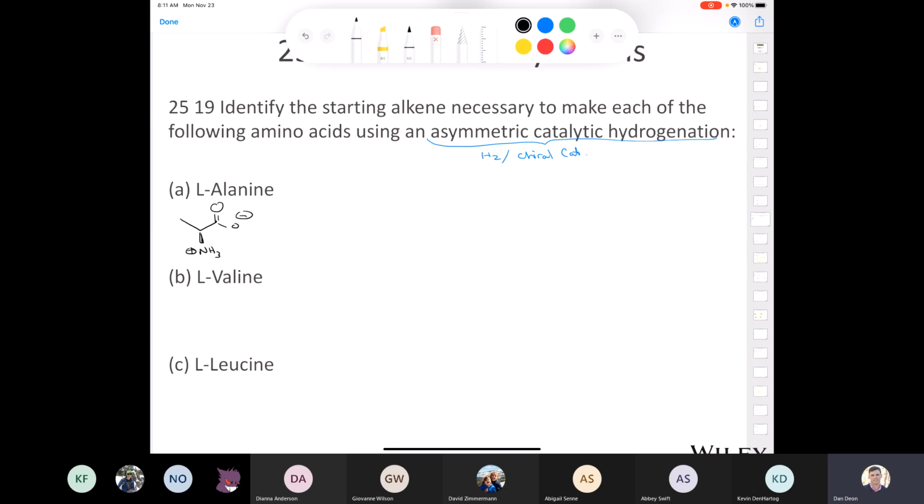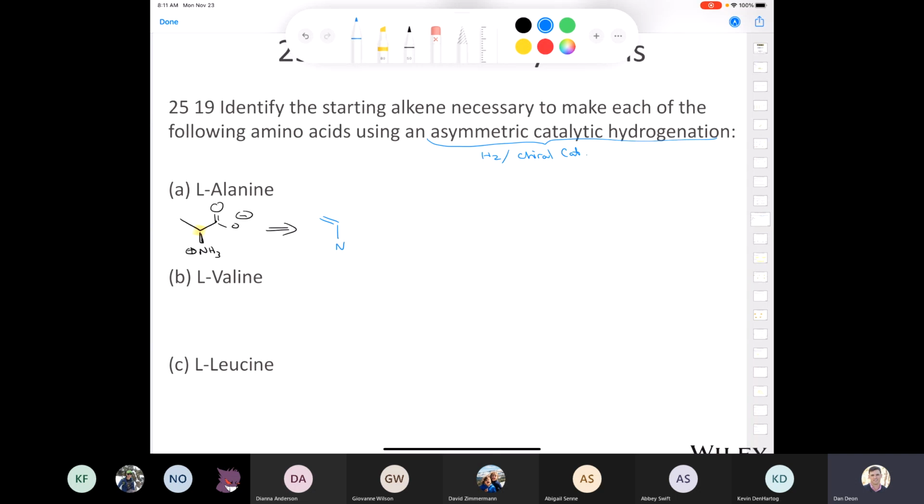Now if we want to make that amino acid, well, what are we going to start from? Right. Well, this is just a matter of memorizing how the molecule will look prior to hydrogenation. The idea is that this carbon here is the one that's going to take on a hydrogen, so it must have a double bond associated with it, right? So the double bond is going to be to the methyl group.